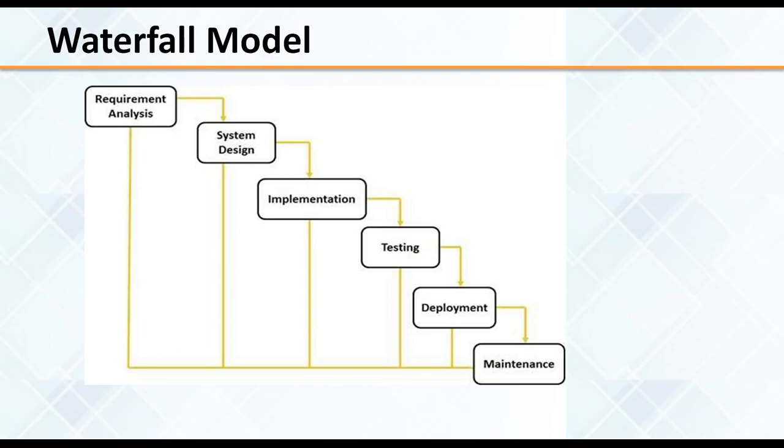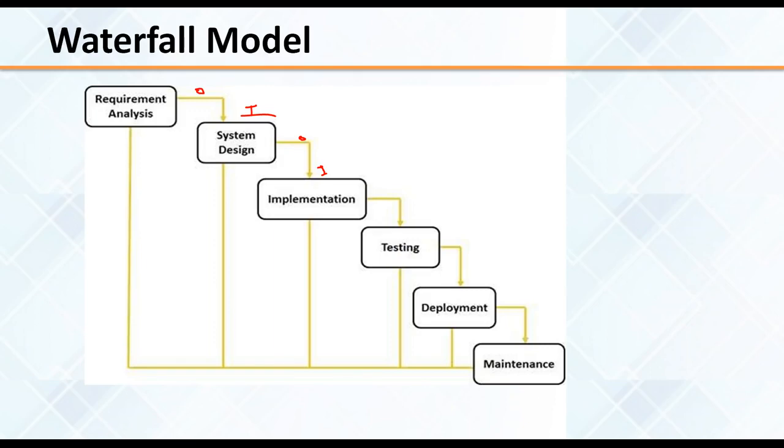The output from the requirement analysis phase becomes the input for the system design phase, and the output of the system design phase becomes the input of the implementation phase. Each output from each phase becomes the input of the next phase, and each phase has very clear-cut documentation. That is the main advantage.